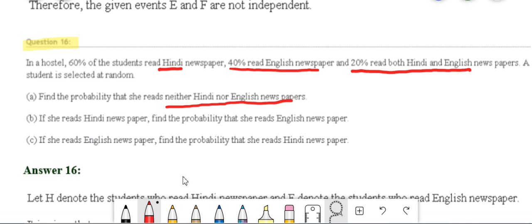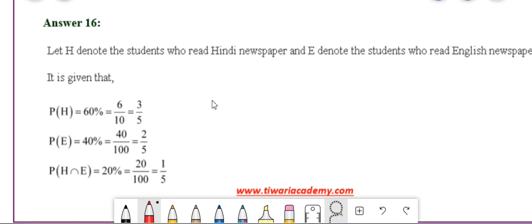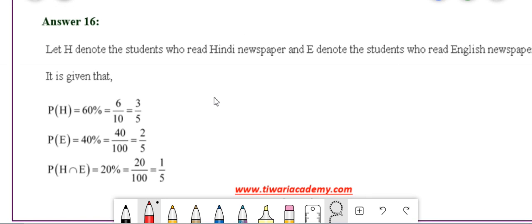Okay, so let us see. You can see here, very cleverly we are using a symbol: H for Hindi, E for English, and the intersection is common. Now, percentage is always out of 100. So 6 upon 10, that is 3 by 5, is the probability that the person reads Hindi newspaper. The probability that he will read English newspaper is 2 by 5.